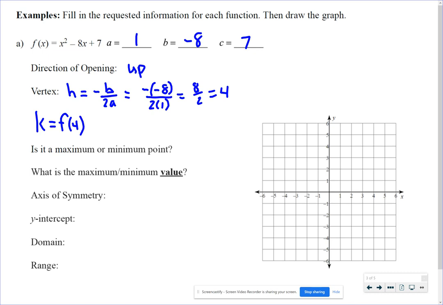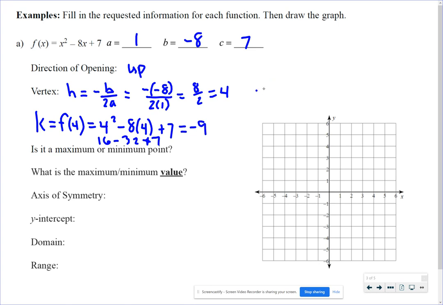If you want to know a y value, you plug the x into the function. So we can put in 4 for the x. Everywhere there's an x, we put in a 4. So we have 4 squared minus 8 times 4 plus 7. That's going to be 16 take away 32 plus 7. 16 take away 32 is negative 16, or you grab a calculator. Negative 16 plus 7 is negative 9.